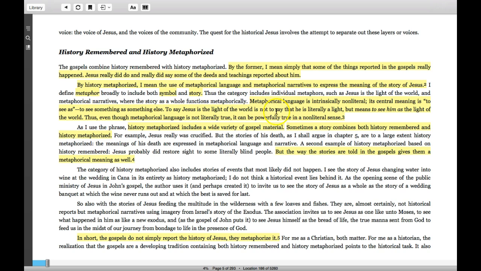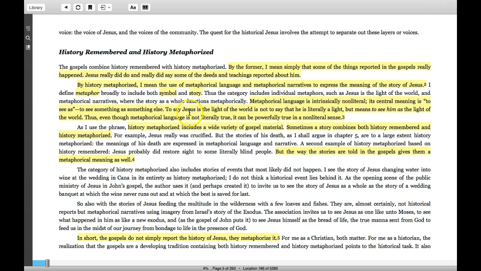And I want to move down here. Metaphorical language for Marcus Borg and for any scholar is necessarily non-literal. However, it is profoundly true. Notice what he says here. It is non-literal. Its central meaning is to see something as something else. You and I use metaphorical language quite often.